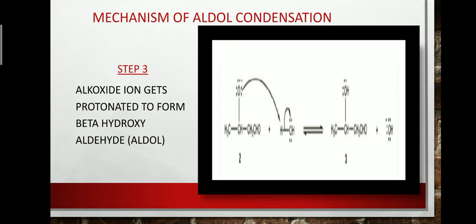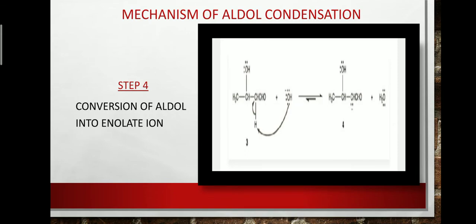So in the next step, here the aldol converts into an enolate ion. That alpha carbon has CH2 here. This alpha hydrogen will be again abstracted and it forms an enolate ion here.